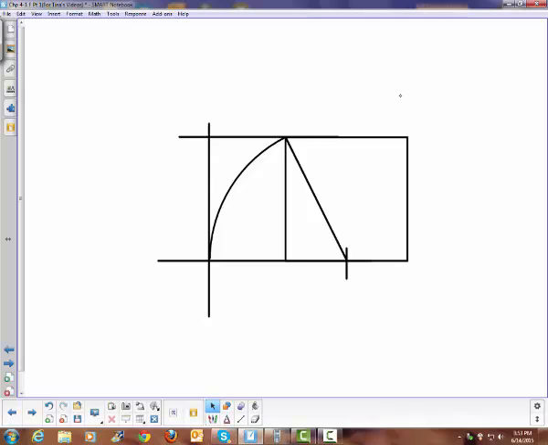Now, what I want you to notice is this. I have not cheated in any way because this segment up here coincides with the segment which is the top of the square. It's in perfect horizontalness, just like the bottom is. This is in perfect verticalness. And I think you can see we have a rectangle here.